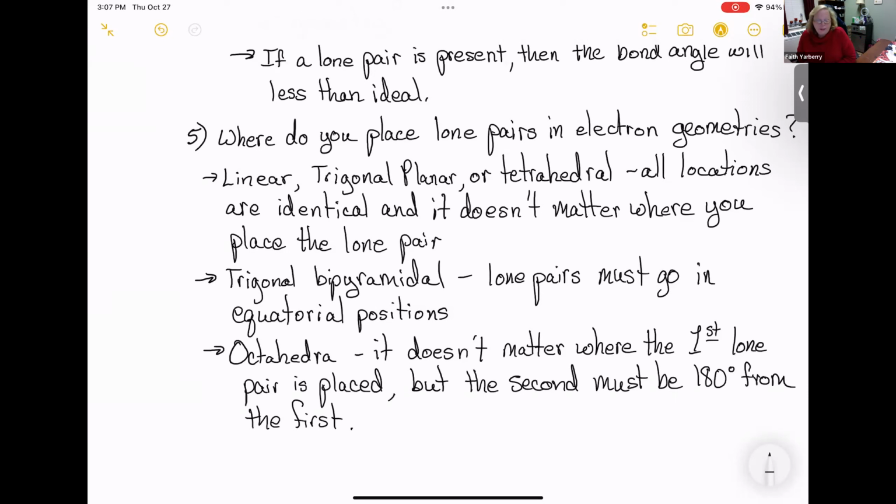Those were the key points associated with the VSEPR video. And if you look at the packet that I gave you, we'll talk about the first column in greater detail when I start doing some examples, but you'll notice bonding groups, non-bonding groups.